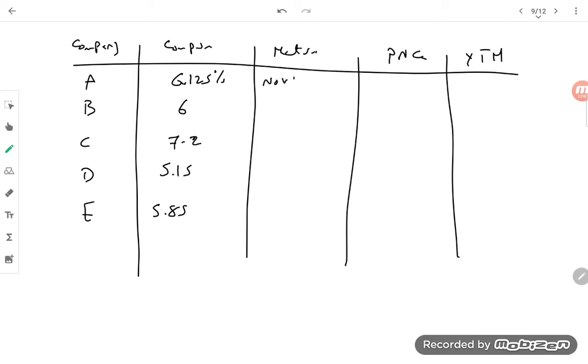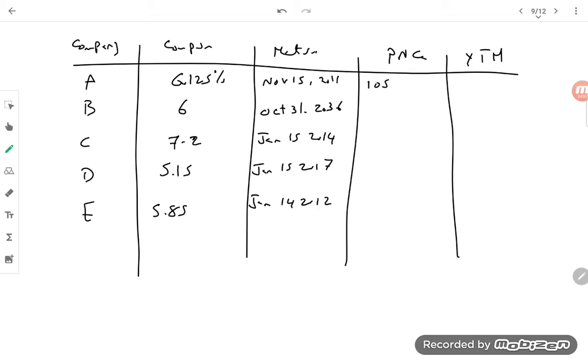Maturities: November 15, 2011, October 31, 2036, Jan 15, 2014, Jan 15, 2017, Jan 14, 2012.